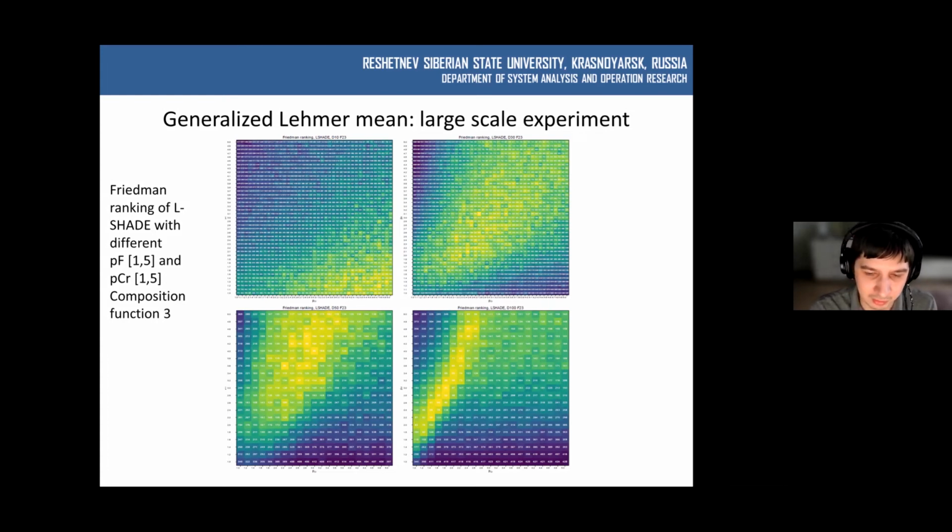Here's an interesting case in 100 dimensions. You can see a narrow track. If you set p-values within this track, you get a good result. If you step outside of this narrow line, you get much worse results. So, of course, it could be very difficult to find the best values in this case.